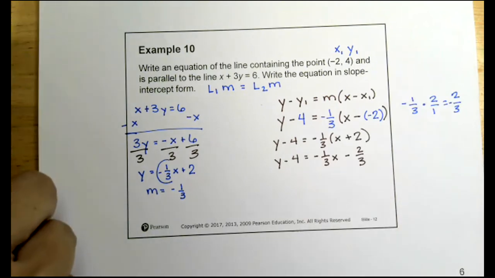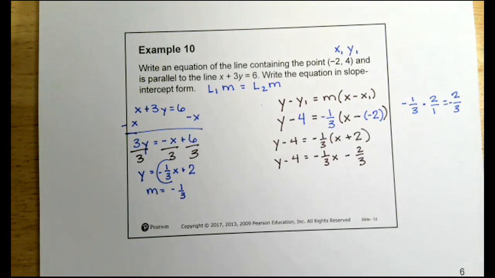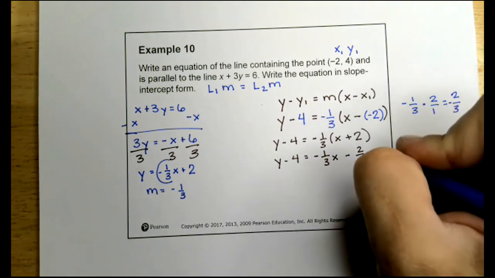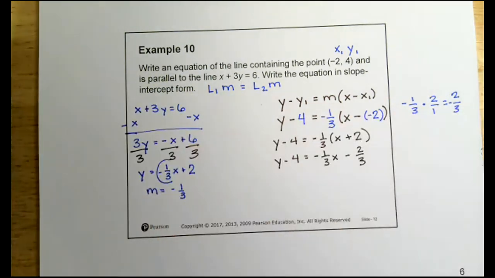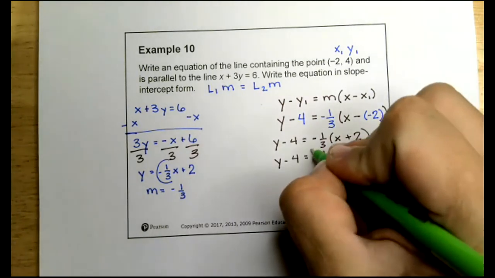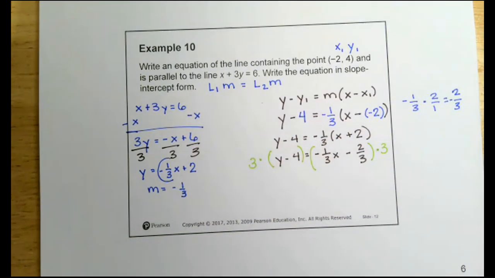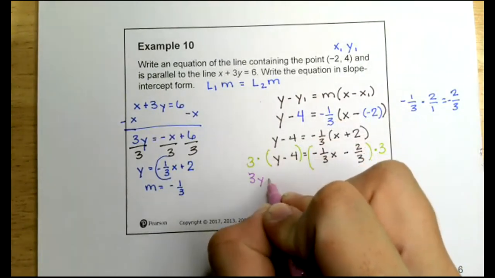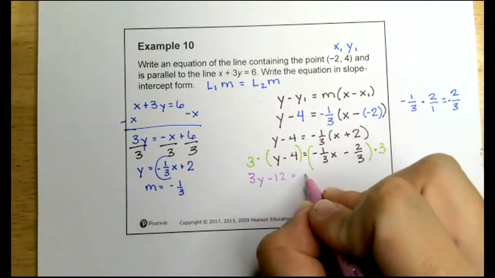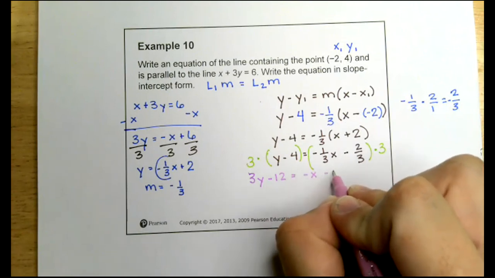All right, let's get rid of the 3. Get rid of the fractions. You do that by multiplying everything by 3, right? So now we get 3y minus 12 equals -x minus 2.